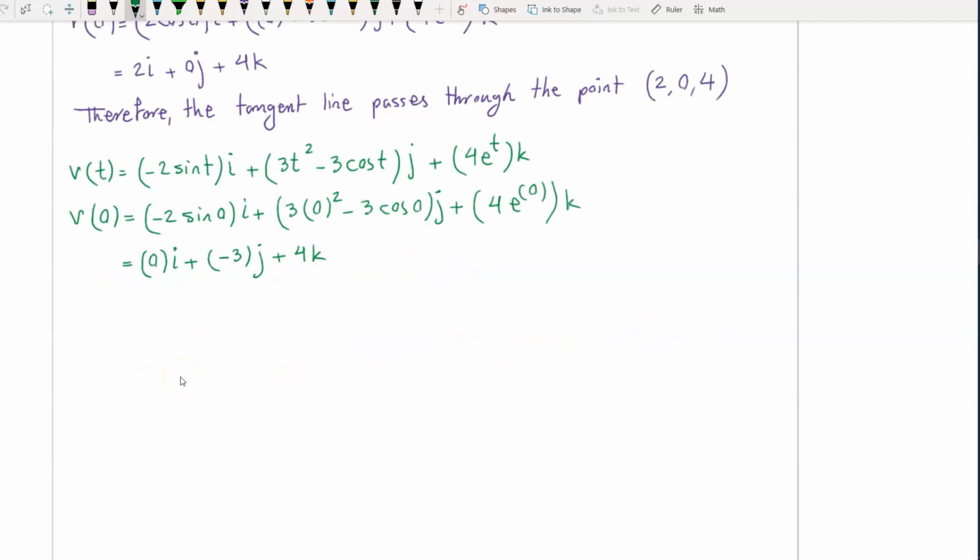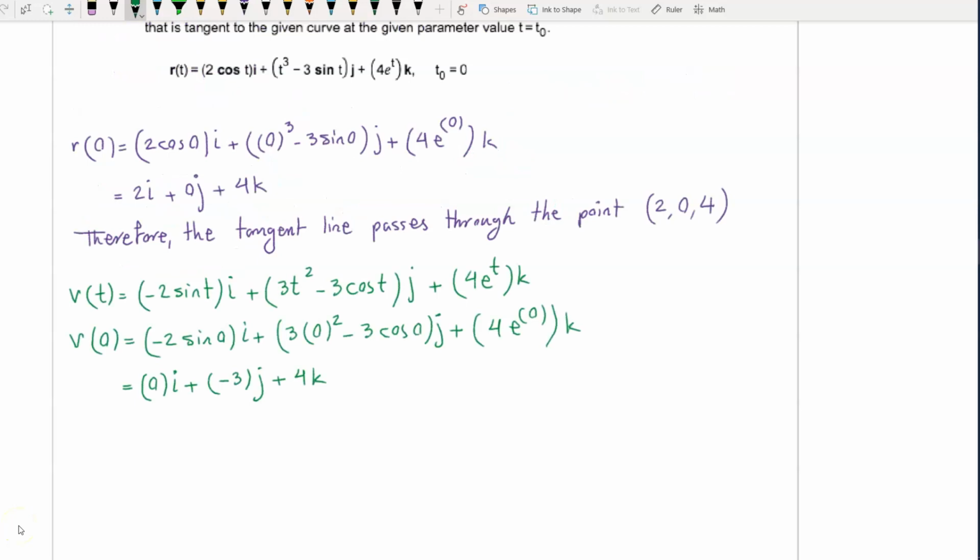And now finding what we have for velocity, it is equal to 2 times the first derivative of cosine. The first derivative of cosine with respect to t is negative sine. Then here we have t cubed, so the first derivative of this part is 3t squared, minus 3 times the derivative of sine, which is cosine, plus 4 times e to the power t.